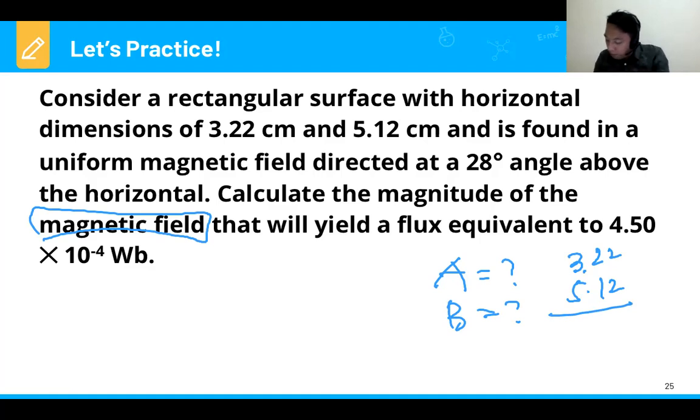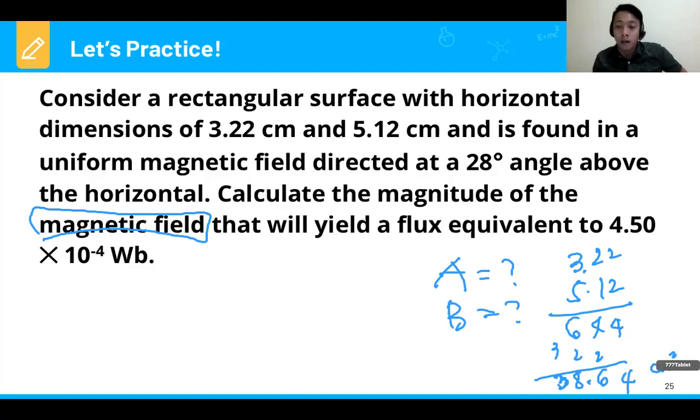Let me just do it. 4, 4, 6, 2, 2, 3. So we have 4, 6, 8, 3. So 38.64. Okay? 38.64. That is in centimeter squared.